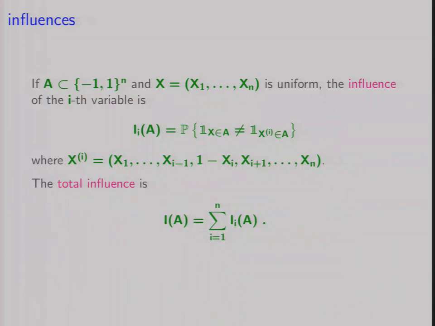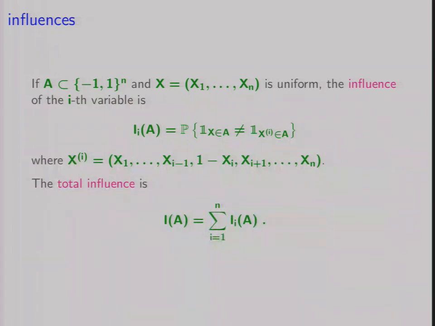So from now on, our space is the hypercube. Okay, so we are in the n-dimensional binary hypercube. And we take a uniform vector in this. Okay? So now X has independent components, and they are all plus minus 1 symmetric Rademacher random variables.